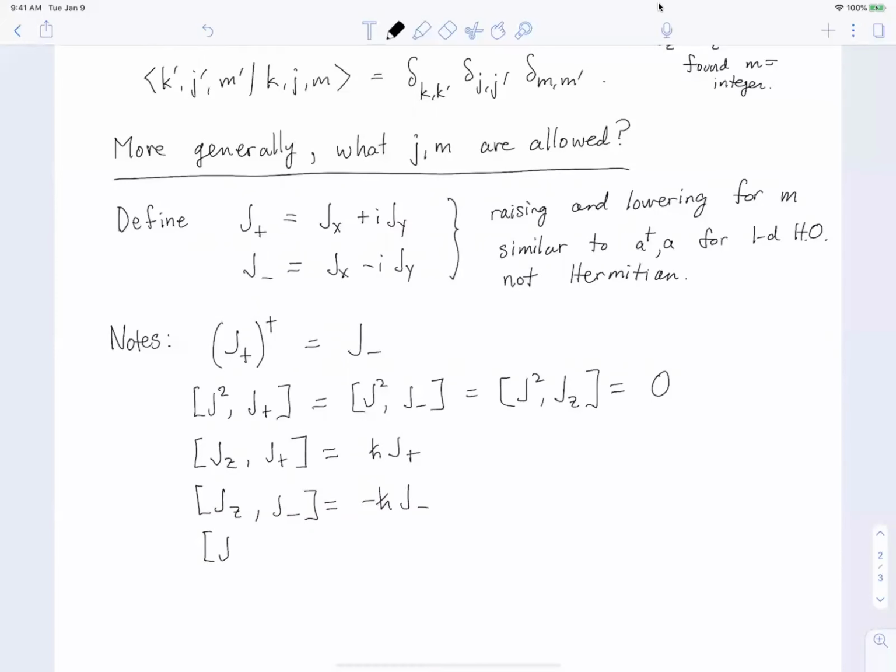And if I take the commutator of J plus and J minus, there's a sneaky factor of 2 h bar Jz. Okay, so all of these things put together are another way of stating what the angular momentum commutator algebra is, just rewritten in terms of J plus and J minus rather than Jx and Jy. So this is still the commutator algebra.